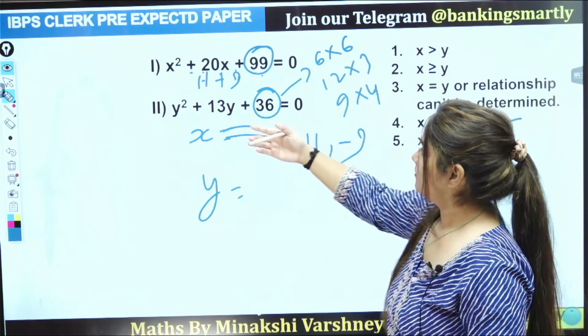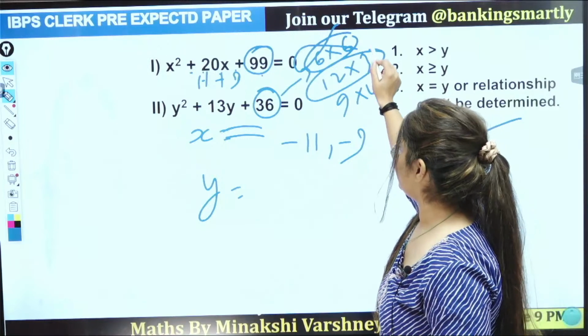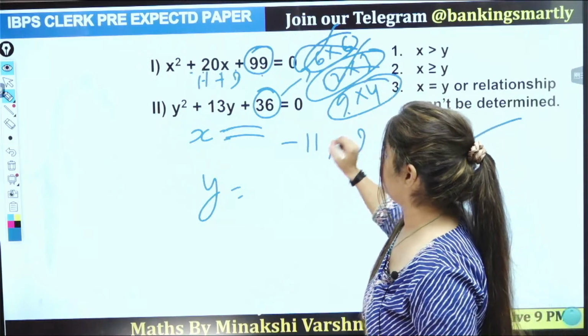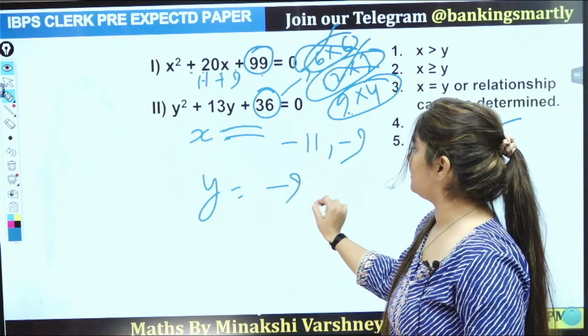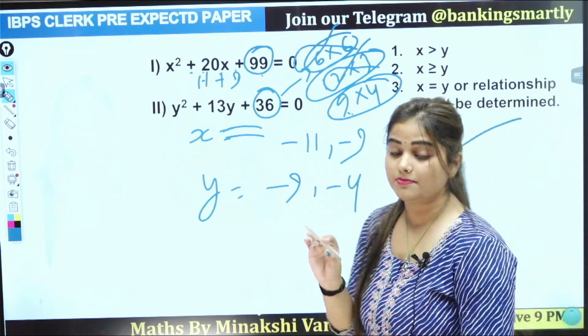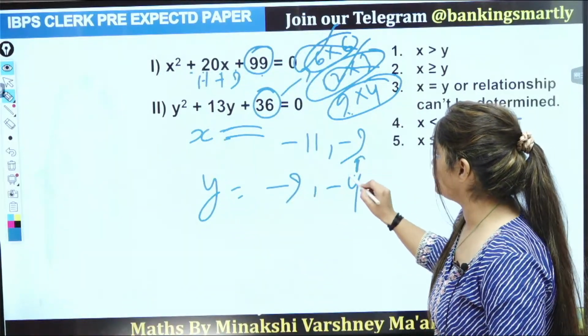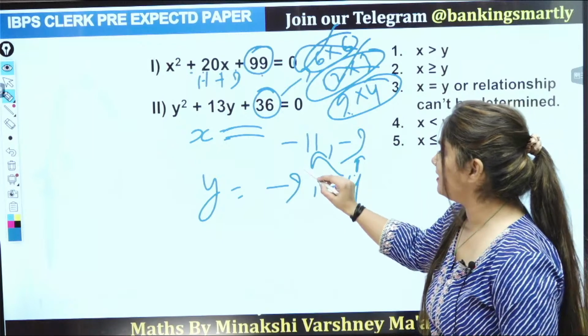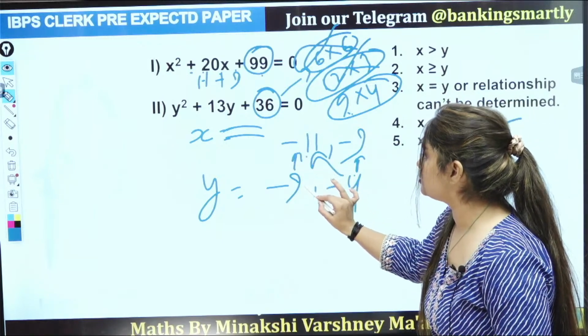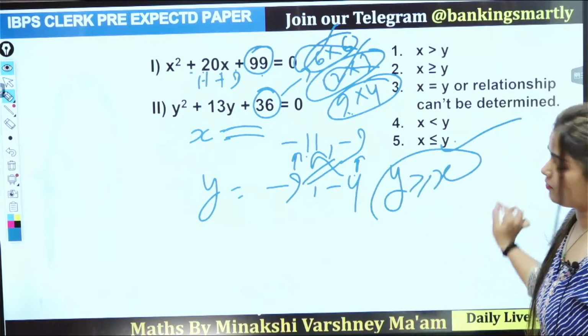But what will work here? 6 and 6 is 12, not 13; 12 and 3 is 15; 9 and 4 is 13. That means this one will work, minus 9 and minus 4. Now in minus, the lesser value is greater, that means minus 4 is greater than this, and minus 9 is greater than this and also equal to this. That means overall, y is greater than or equal to x.